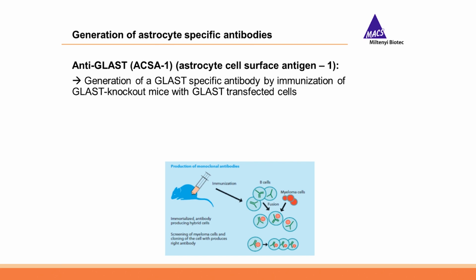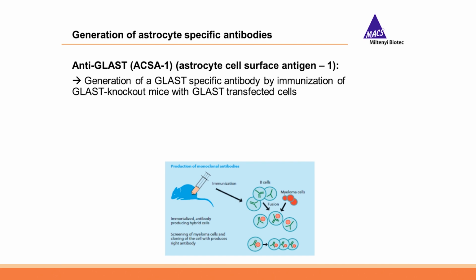For the GLAST-specific antibody, transfectants expressing GLAST were generated and served as immunogen. The GLAST knockout mice were immunized several times with these transfectants, and then the lymph nodes were isolated from the animals and fused with myeloma cells.